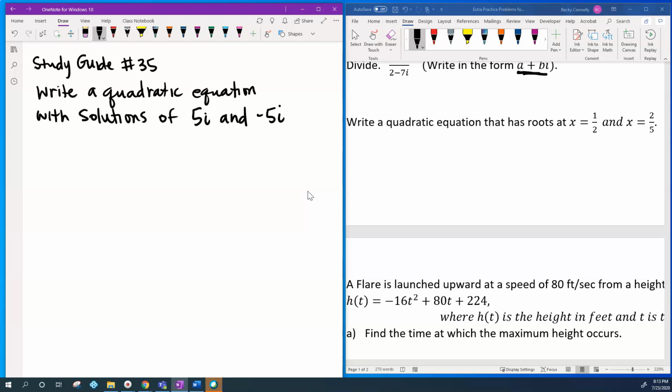Okay? And if it helps you, again, to just write it down like the other ones are written, like we're saying x equals 5i. And this one says x equals negative 5i. That's what our x's equal.